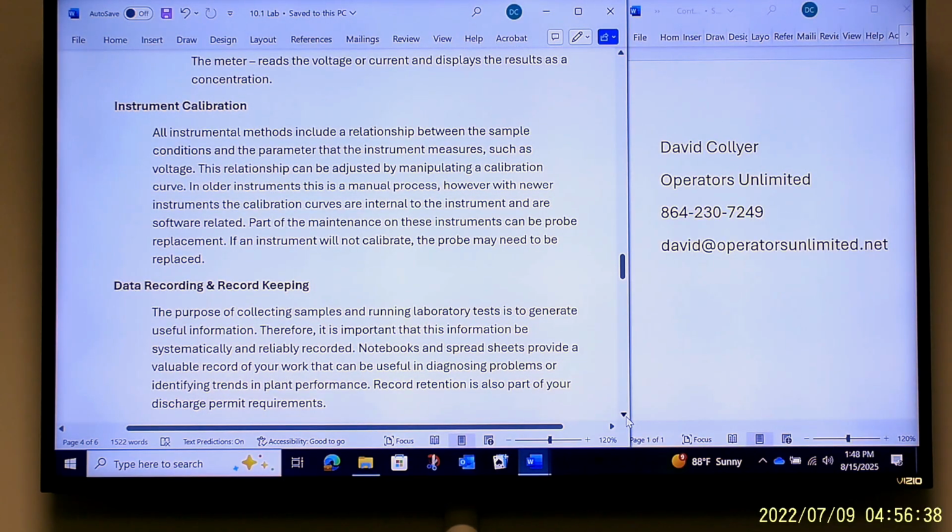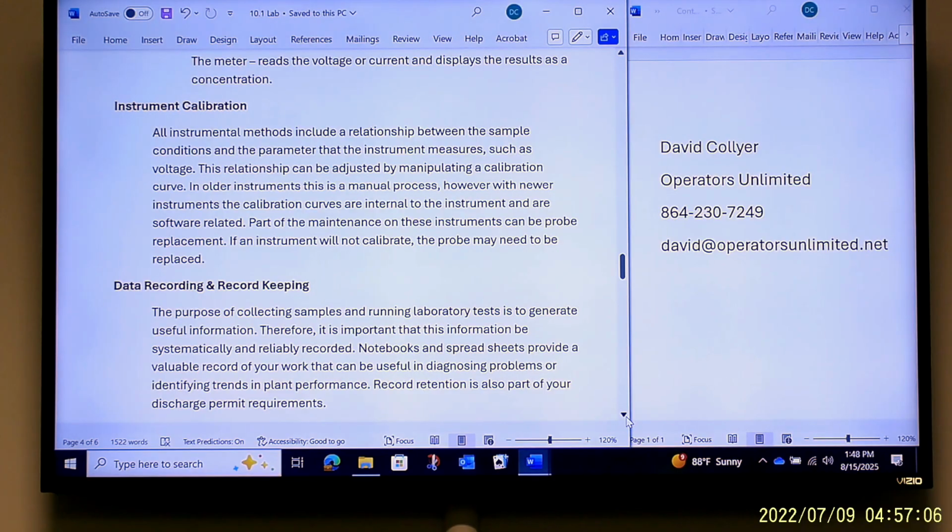If you've got meters, you've got instruments. If you've got instruments, you have calibration. All instrumental methods include a relationship between the sample conditions and the parameters that the instrument measures, such as voltage. This relationship can be adjusted by manipulating the calibration curve.